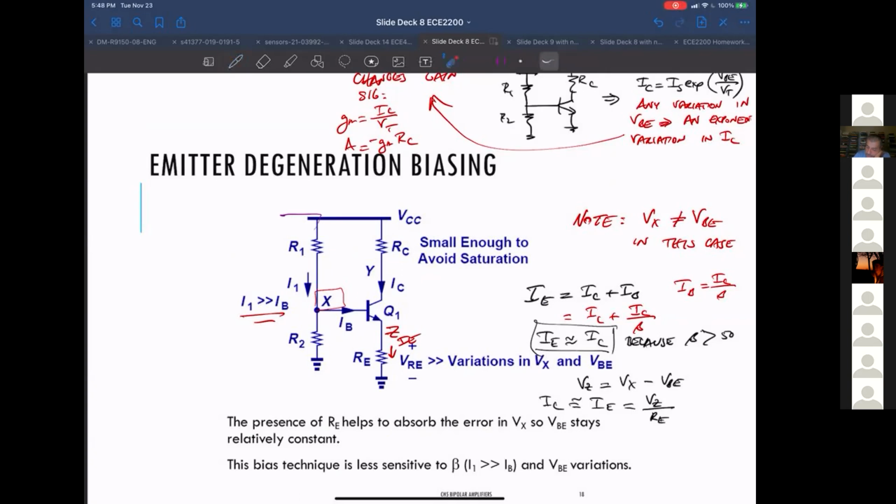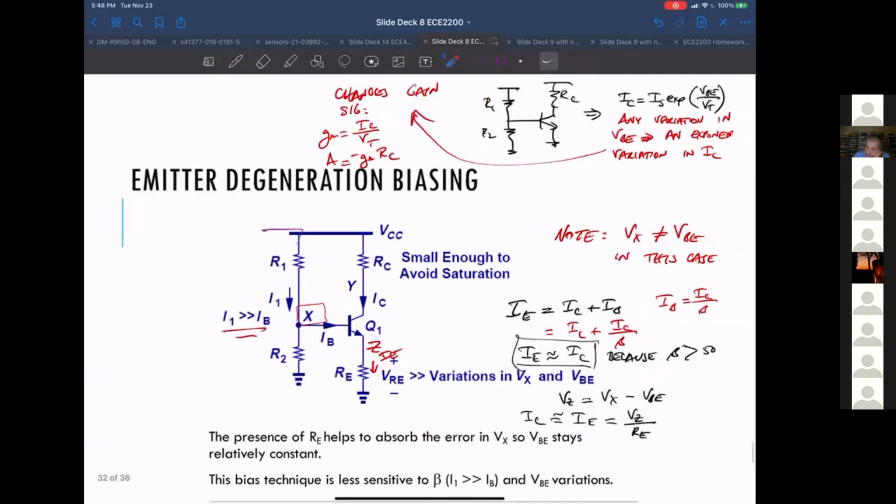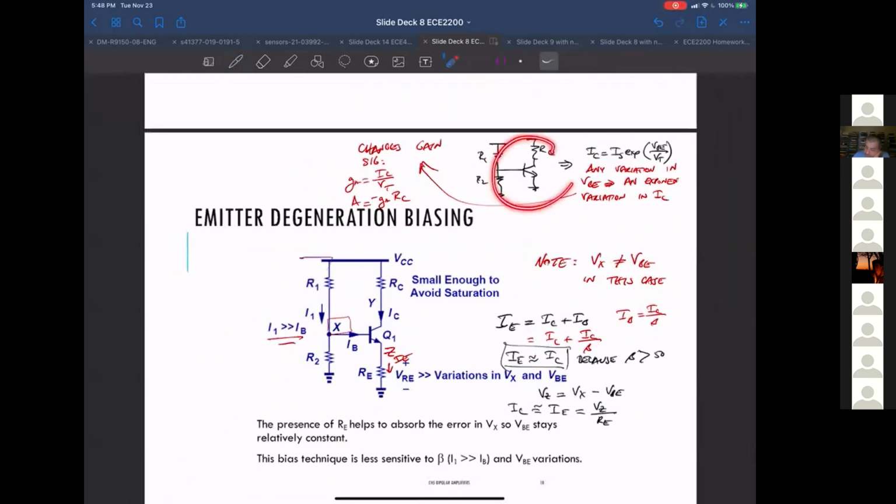So notice here what happens if V sub BE changes by 60 millivolts. In this case, if VBE changed by 60 millivolts, then I get a factor of 10 change in collector current.